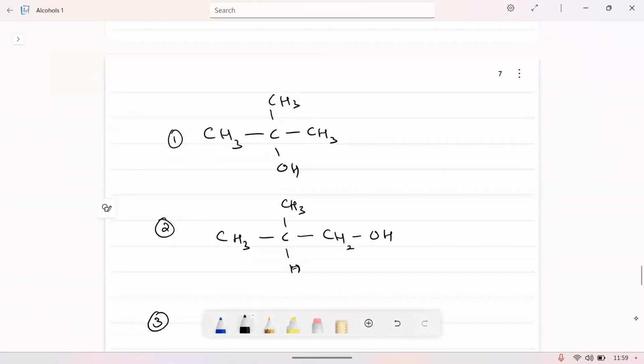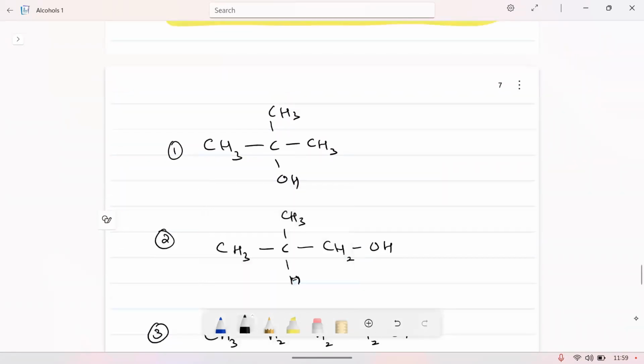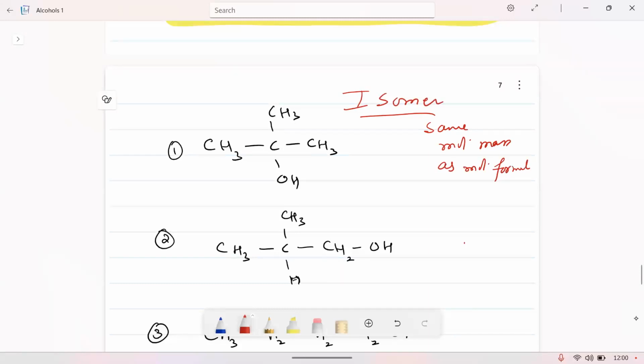So basically these are isomers. All of them are isomers, and they have the same molecular mass, as the molecular formula is the same. Now, in this case, how will we figure it out?